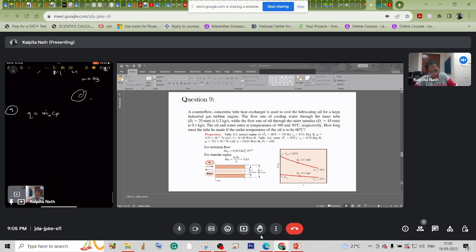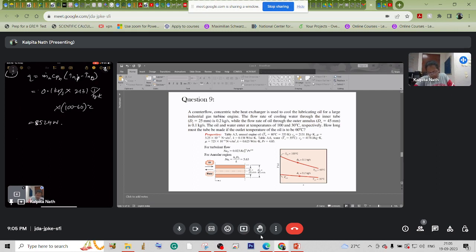So mh dot cph for the hot fluid, times Thi minus Th naught. This is 0.1 kg per second into 2131 joule per kg Kelvin into (100 minus 60) degrees Celsius. This will come out to be 8524 watt.